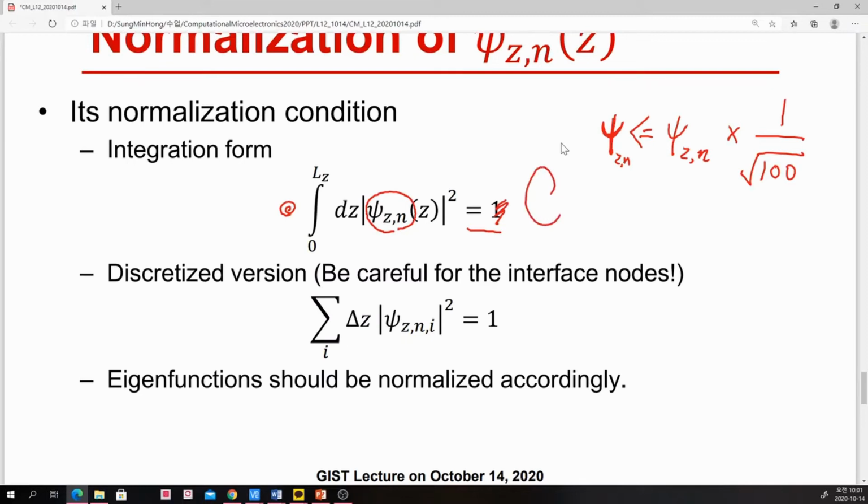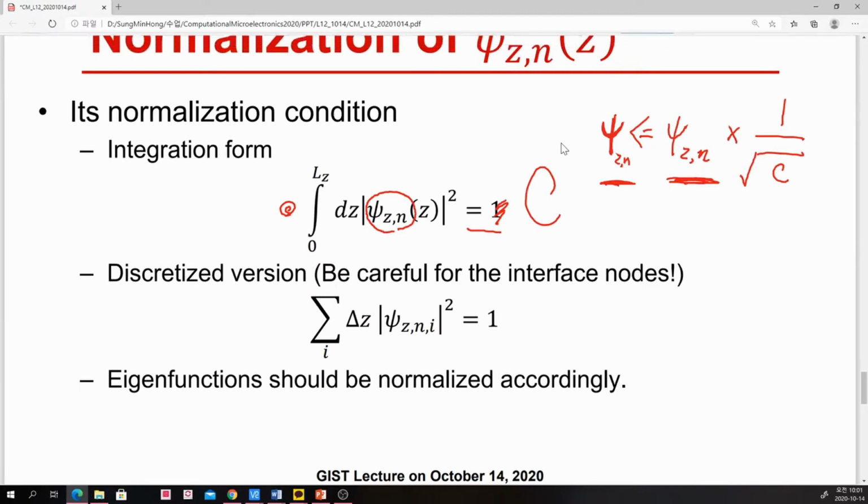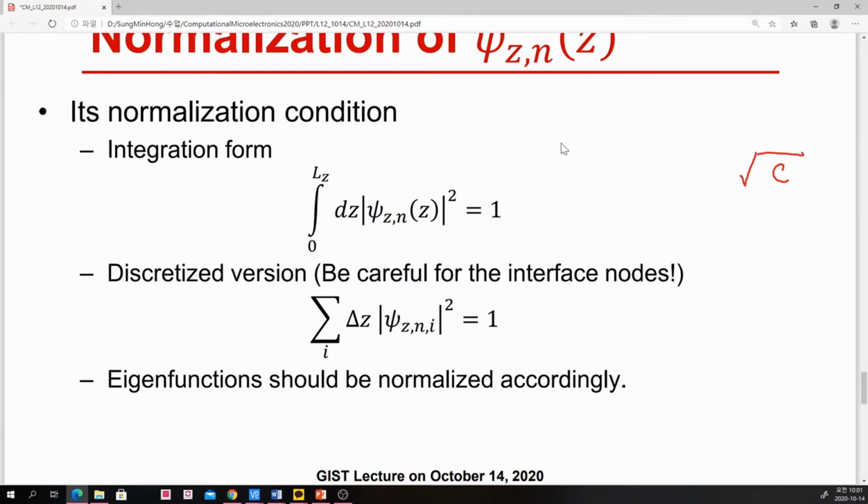Then please multiply by 1 over the square root of c to scale your numerical solution. Then this scaled version will automatically satisfy the integral normalization condition. And now our focus is how we can numerically integrate this left hand side.